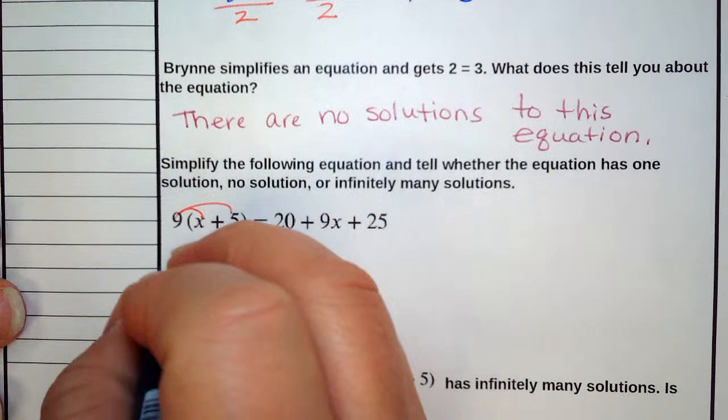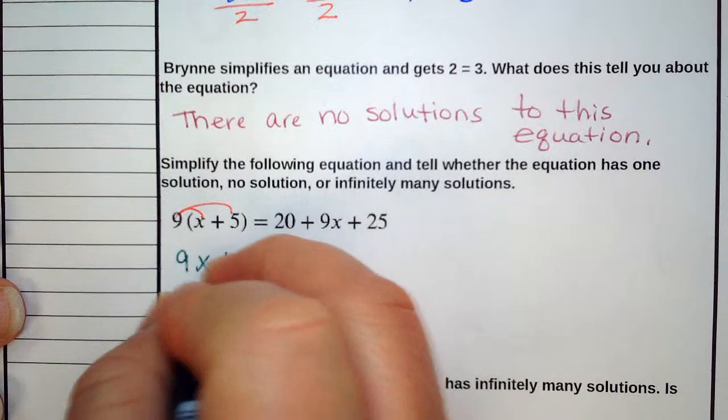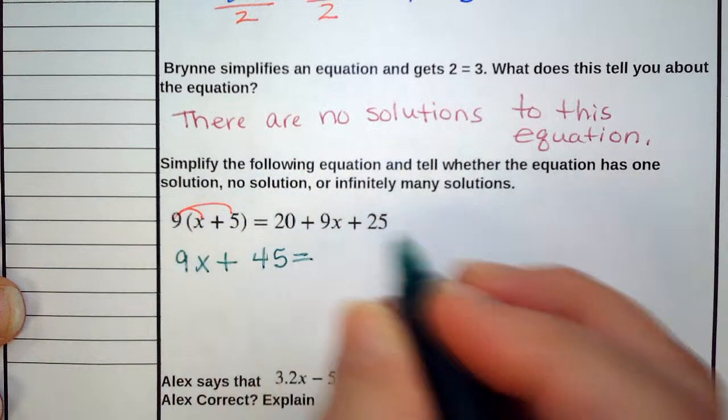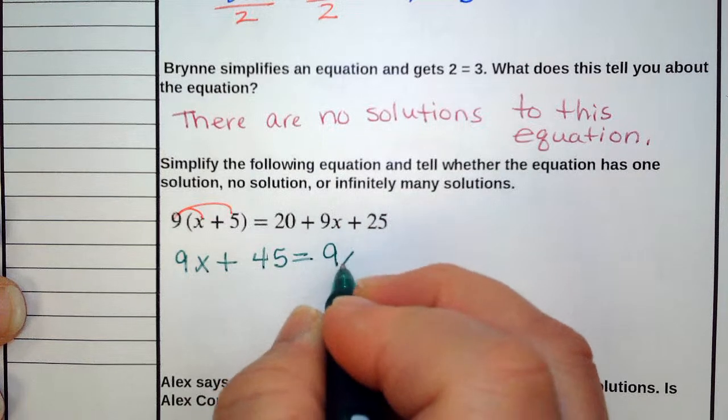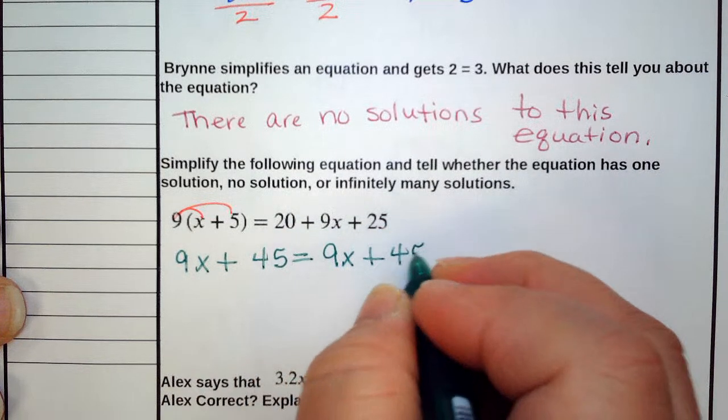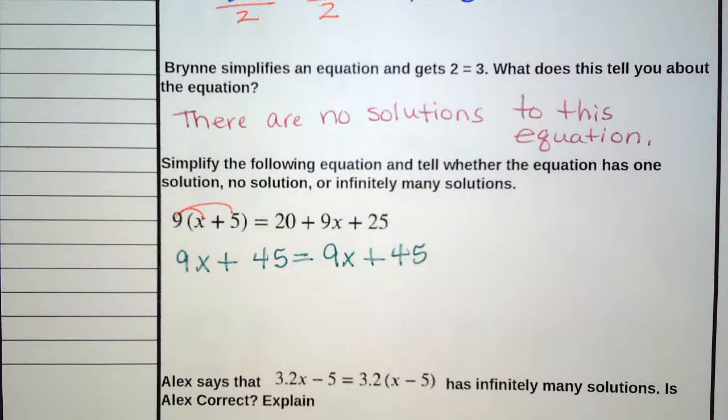9 times x is 9x, plus 9 times 5 is 45, equals 9x plus 20 plus 45 is 45. What do you notice? Both sides are the same. How many solutions?